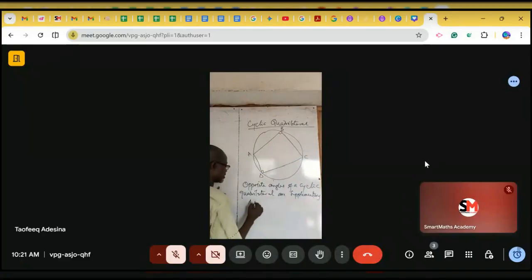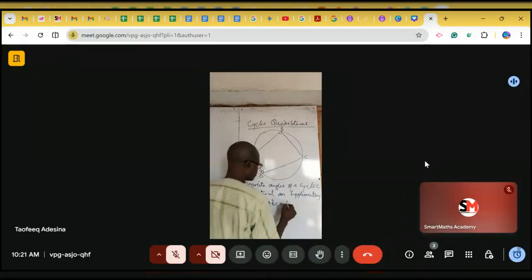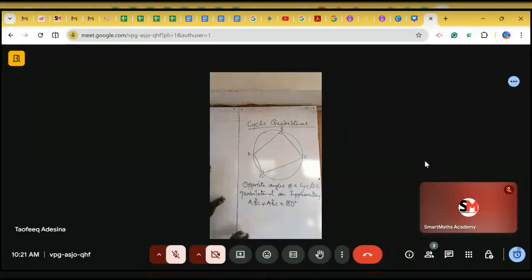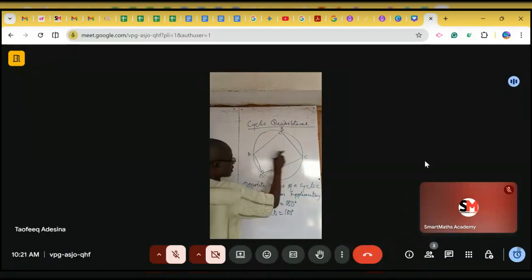So, angle ADC plus ABC is equal to 180 degrees. Also, BAD plus BCD is also equal to 180. Addition of this one is 180. Addition of this is also 180.